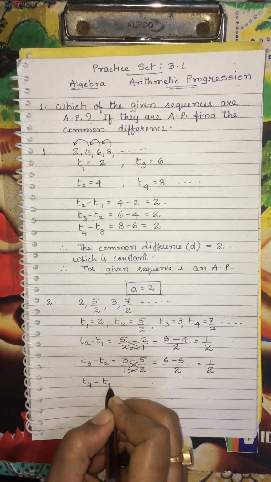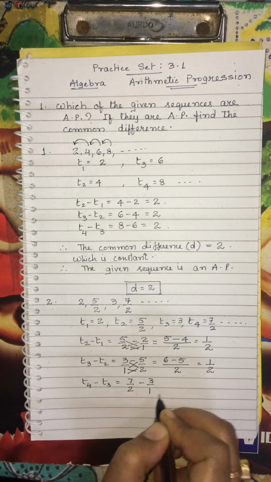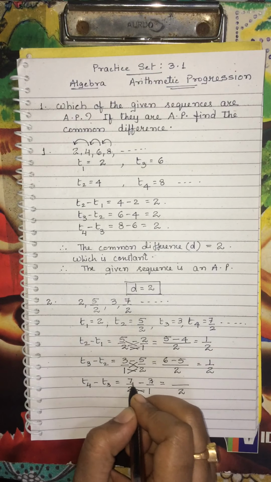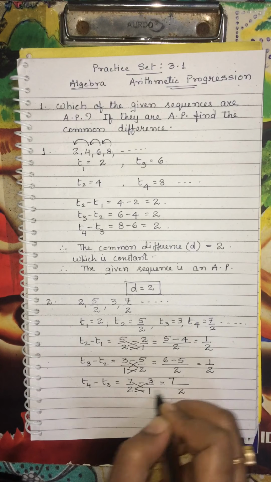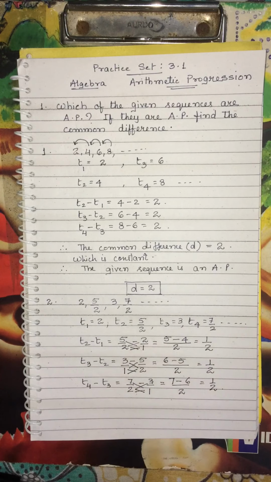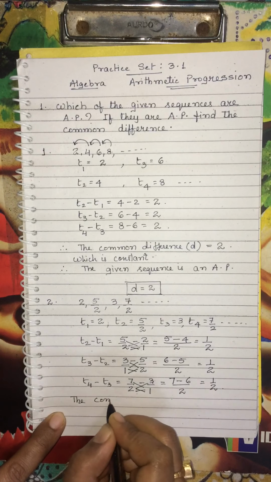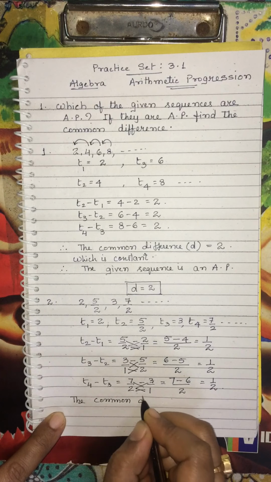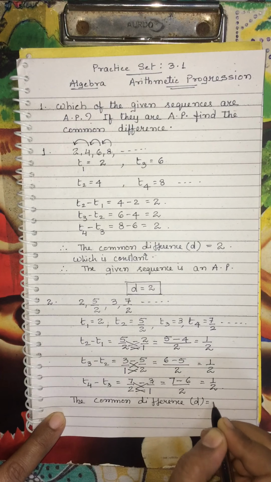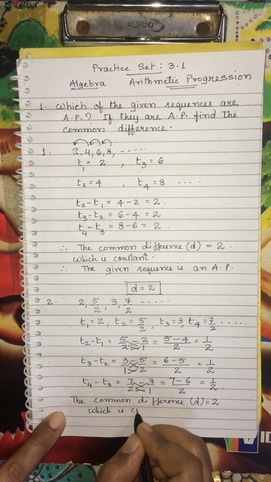T4 minus T3 is equal to 7 upon 2 minus 3 upon 1. In a similar manner, the cross multiplication of the denominators and with the numerator. So 7 ones are 7 and 3 twos are 6, is equal to 1 upon 2. So you will write the statement, the common difference d is equal to 1 upon 2, hence the given sequence is in AP.